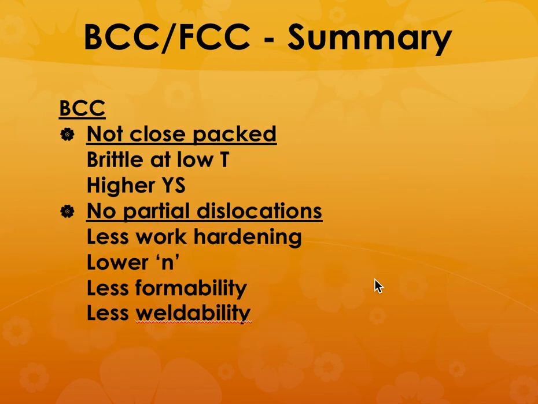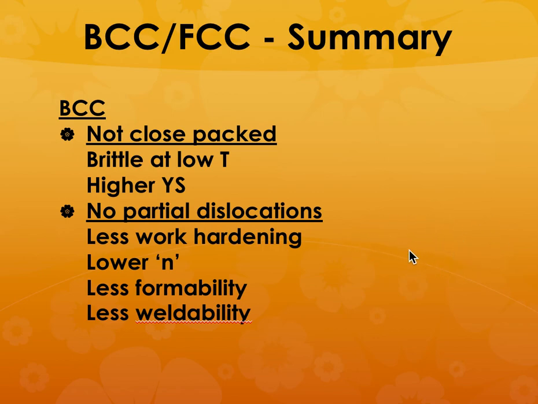So the comparison of BCC and FCC, one thing to note is that BCC is not very close packed. It is brittle at low temperatures and has very high yield strength at room temperature. There are no partial dislocations.